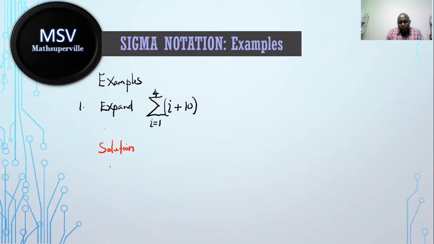remember the rule for summation, which we call the sum and difference rule. If you don't remember that rule, then I will refer you to the previous video so that it can guide you on how we should attack this problem.